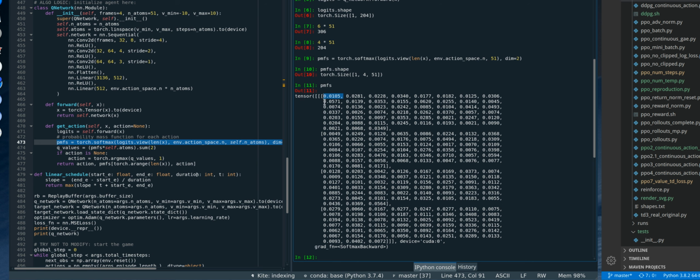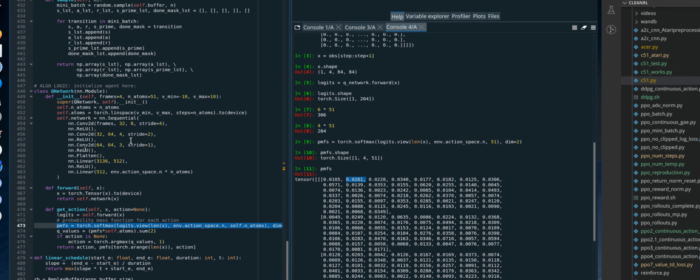So for example, if you execute the first action, there's a 2.8% probability that you're going to reach the return of a certain atom, the second atom. That's kind of what it means.